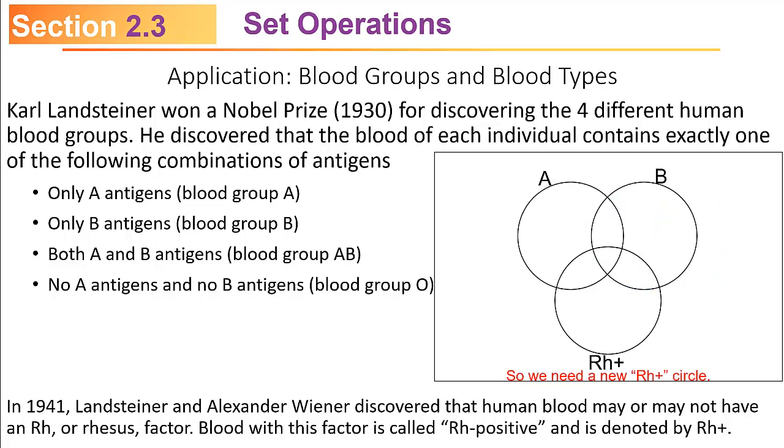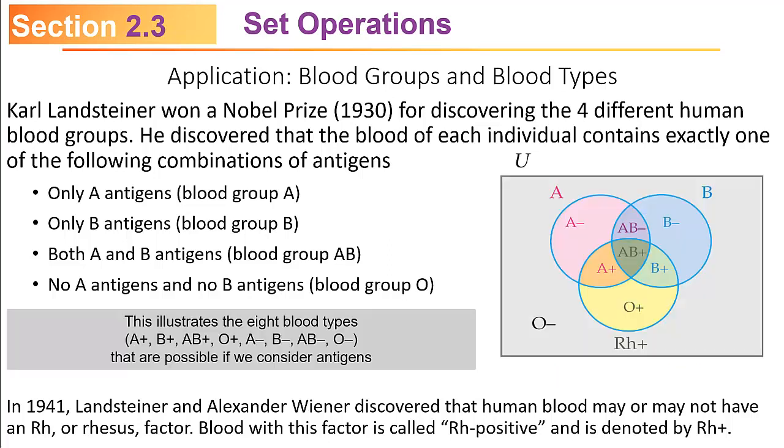Once the Rh factor was discovered, the Venn diagram goes from having 2 sets A and B to having 3 sets: A, B, and then a circle for the Rh positive factor. So we throw in an Rh plus circle. It makes it more complicated, but it does explain how the Rh factor fits in with the blood types.